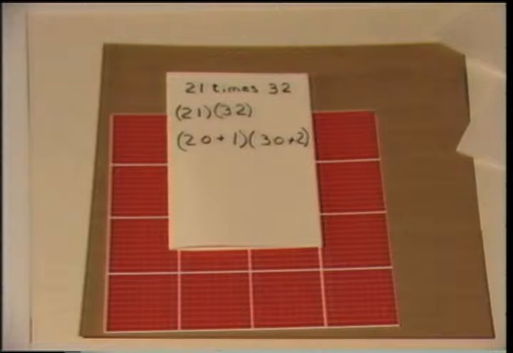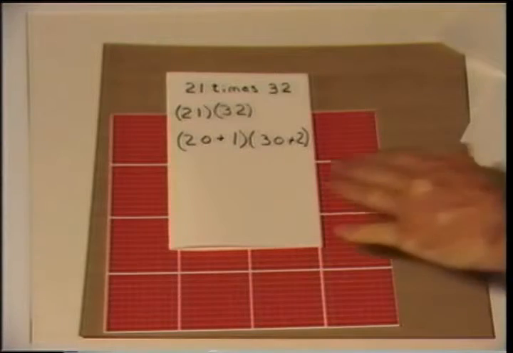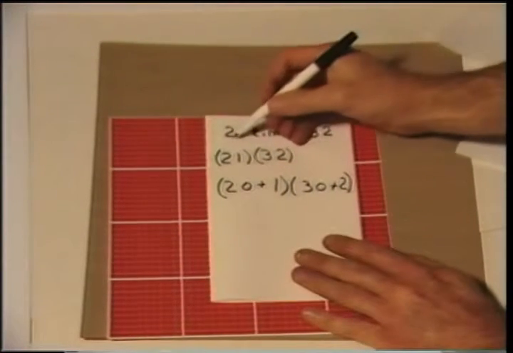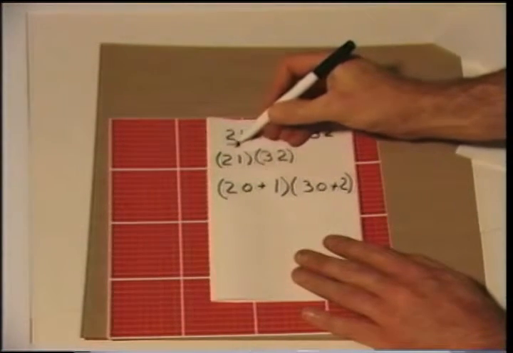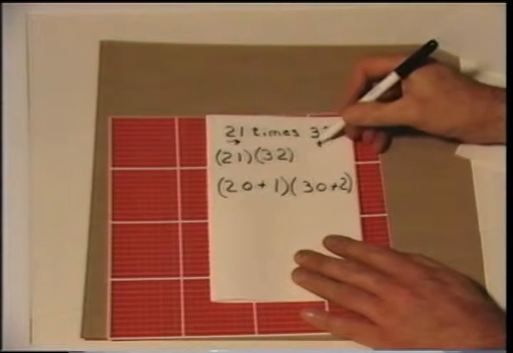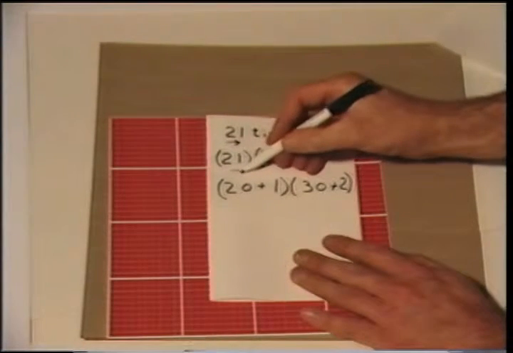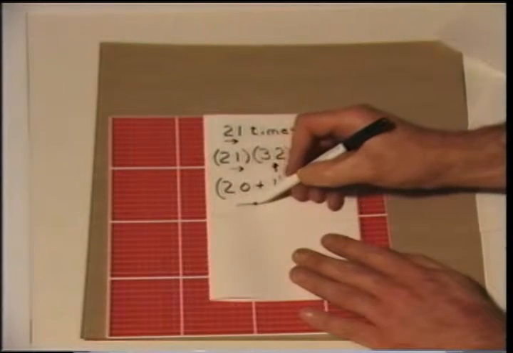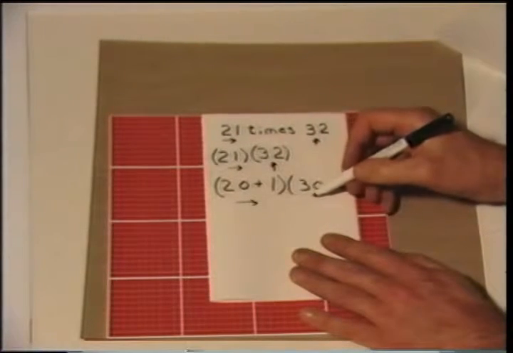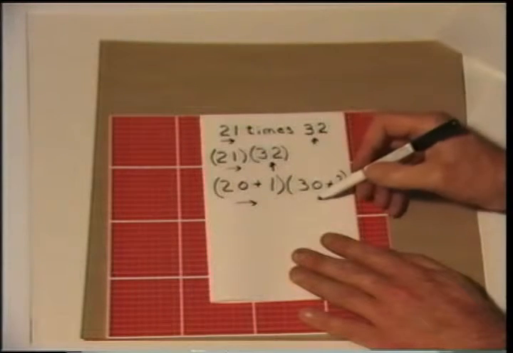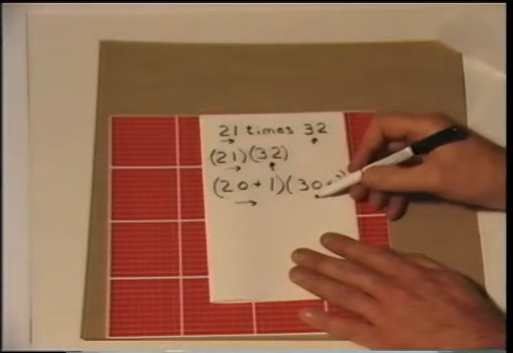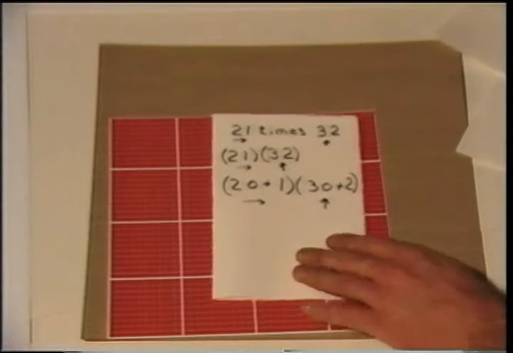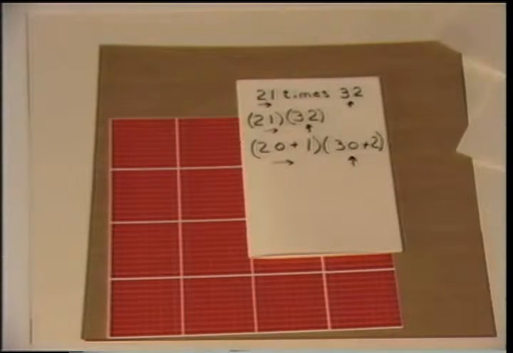Let's do this multiplication problem. Let's do 21 times 32. We have the name of the rectangle, over 21, up 32, and we wrote it longhand here. Up 20 plus 1, over 20 plus 1, up 30 plus 2.